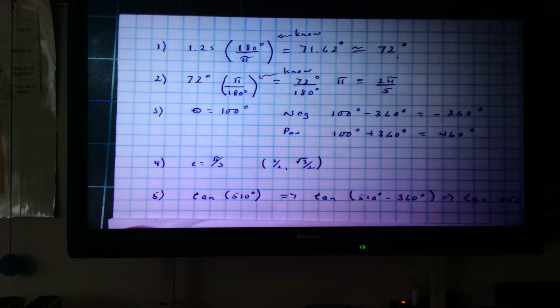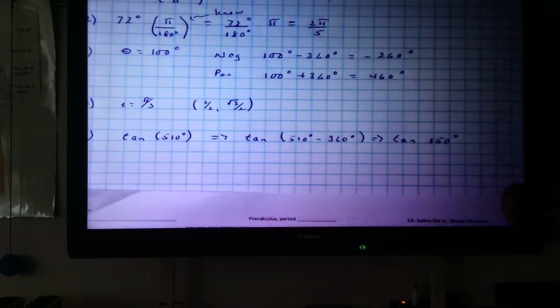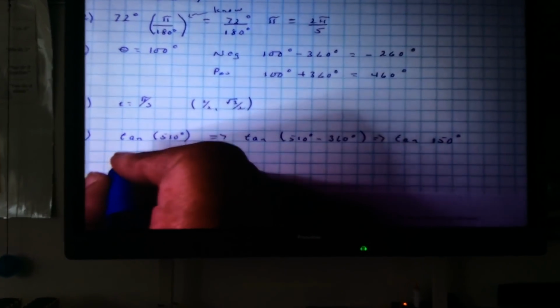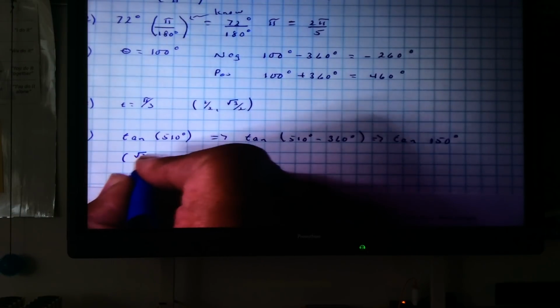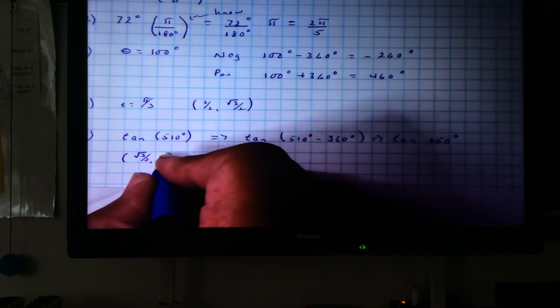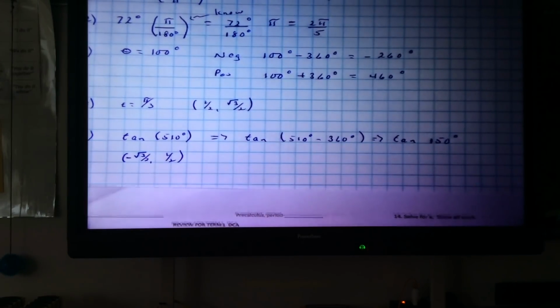Now at 150 degrees, the coordinates are going to be square root of 3 over 2 and 1/2, and the x value is negative. So you looked it up on the circle? On the unit circle. So find 150 on the unit circle.